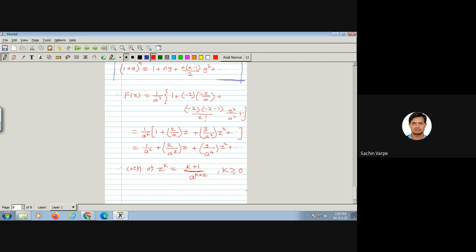So this is the coefficient of z raised to plus k, but we want the coefficient of z raised to minus k.